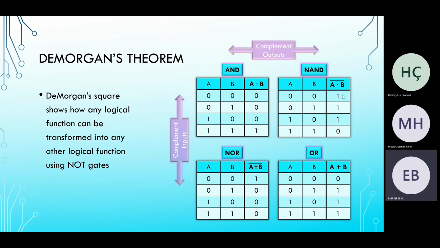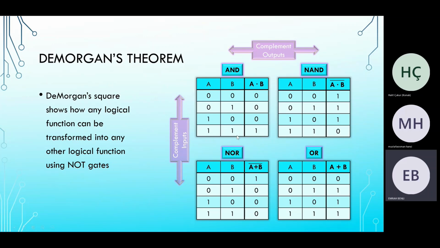So let's talk about it here. Complement inputs, complement outputs, we understand. We just get the complement of this and it is here. So what about complement input now? Let's start with the 1. We have 1, 1 input for the AND operation. What is the output? Output is 1.